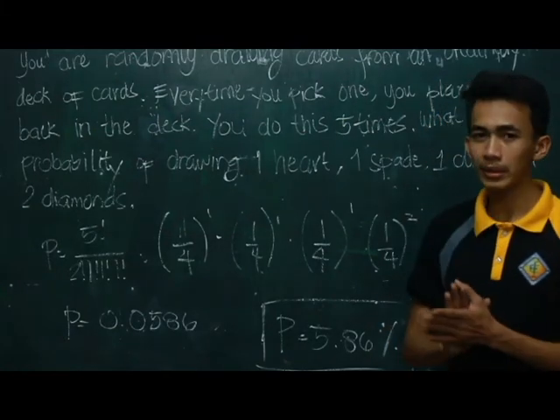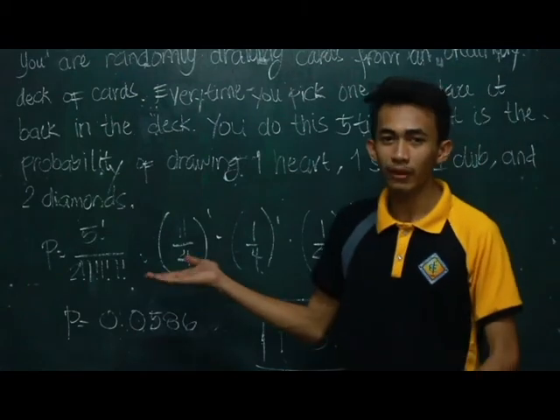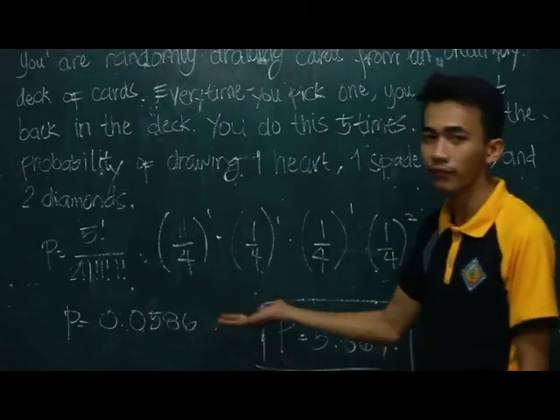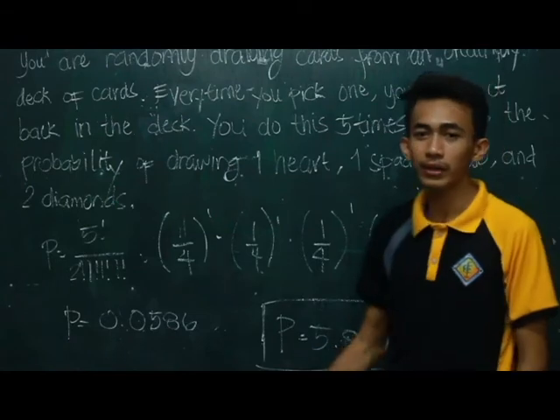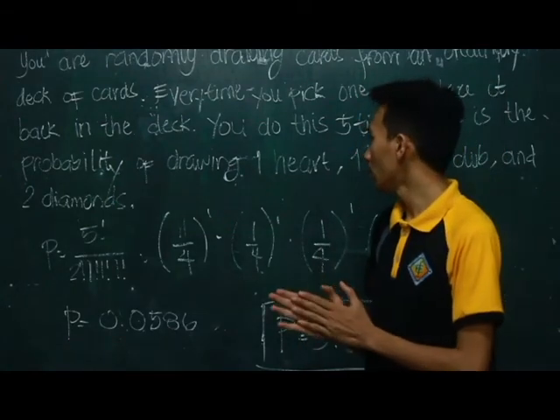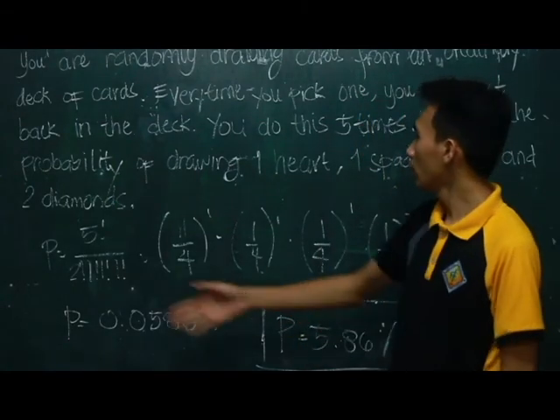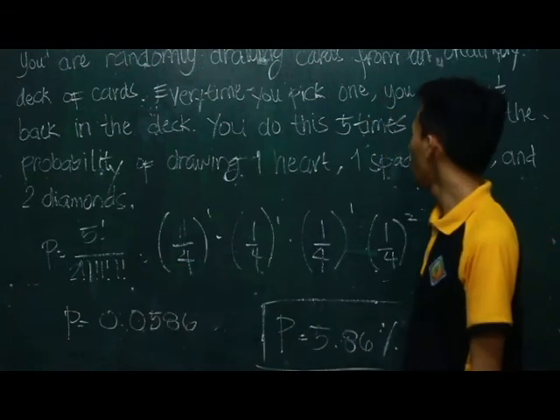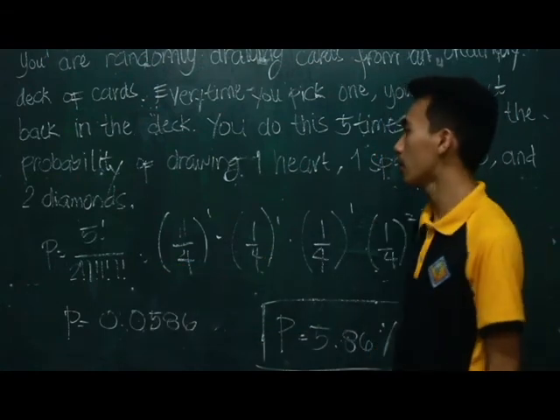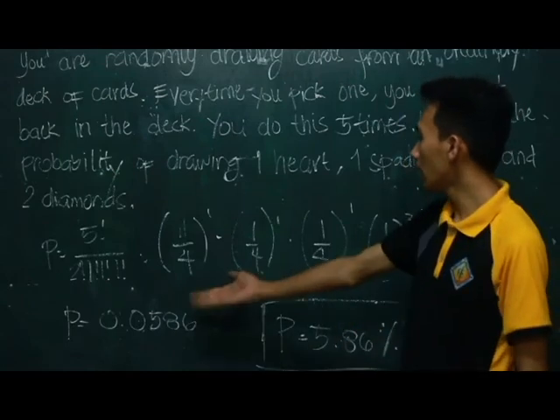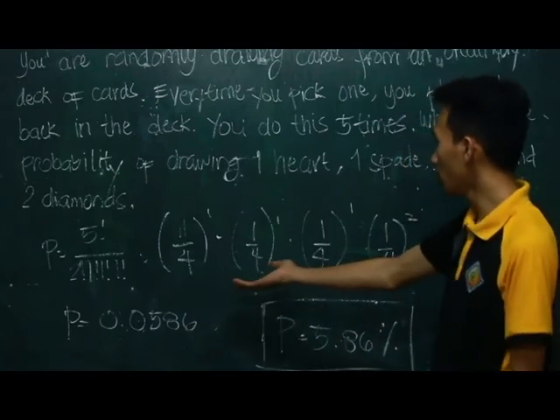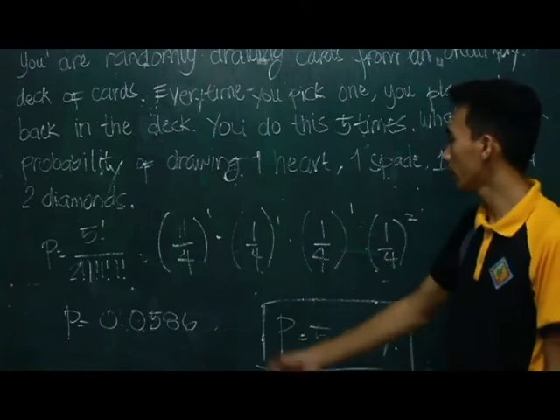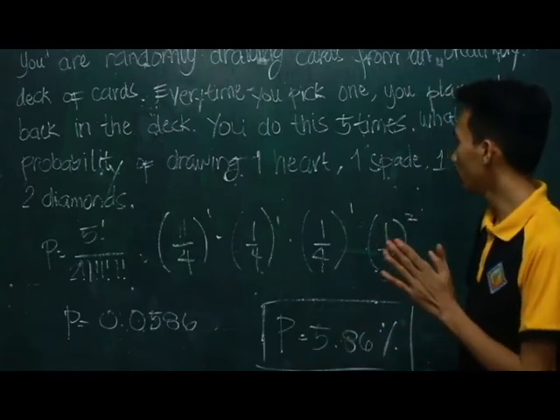So we'll get the probability here. P is equal to 5 factorial, because we'll do it 5 times, and we'll divide it by the repetitions of the desired cards. So 2 factorial for the diamonds, and 1 factorial each for the heart, the spade, and the club. And then we will multiply it by 1/4 for the probability of each suit.